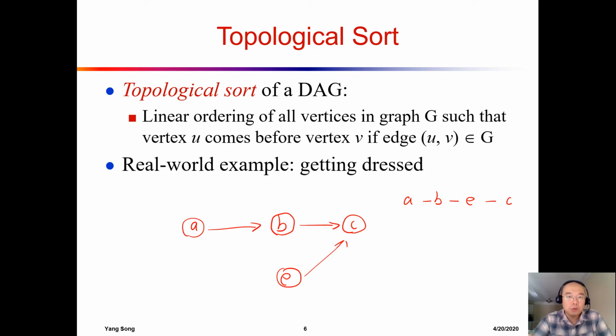So if we want to do a topological sort, we have to come up with a sequence such that when we move on from one step to the next, the topological sequence can be satisfied.